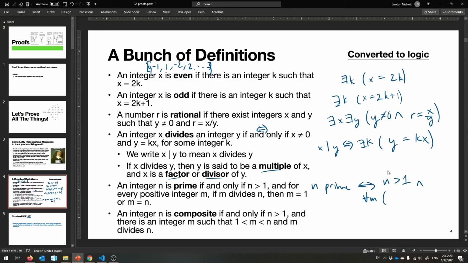You can say for all m and then say it's greater than 0, or you can say for all m by itself and say that m greater than 0 implies one of the two. So for all m, m greater than 0, it's positive, implies that if m divides n, this gets a bit hairy, unfortunately, then m equals either 1 or n.